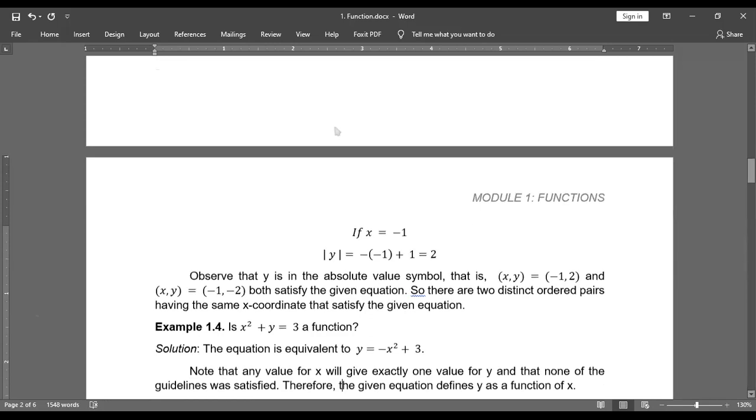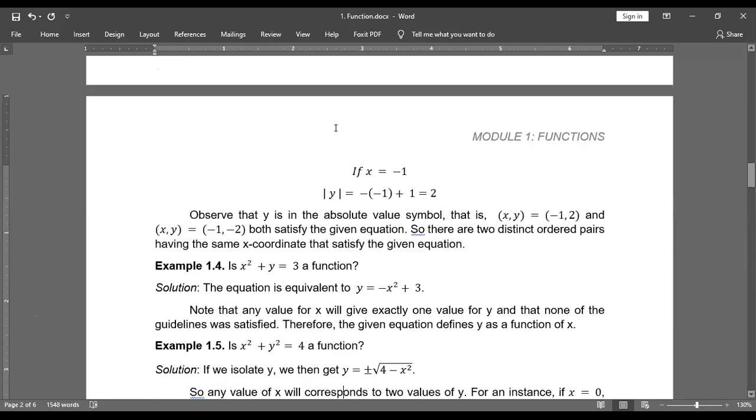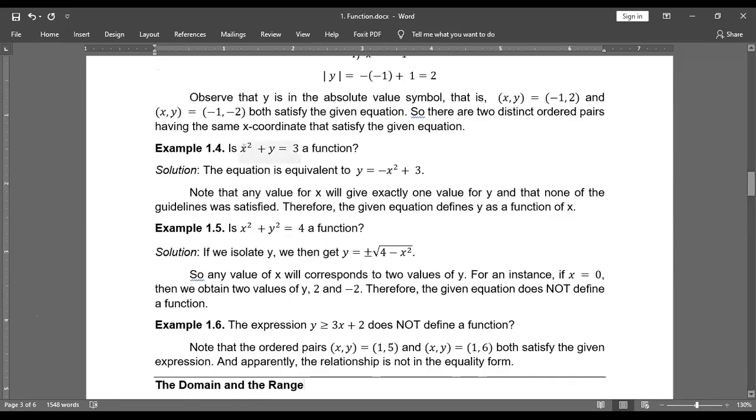Question? Example 1.4. We have x squared plus y is equal to 3. Is it a function? Did we satisfy any of the conditions?